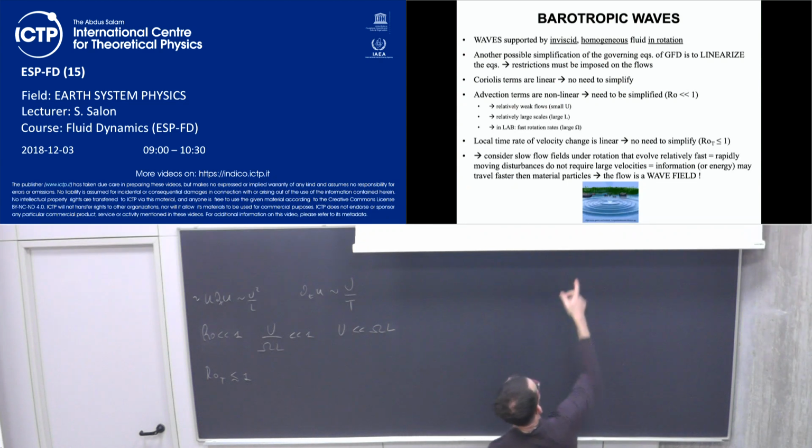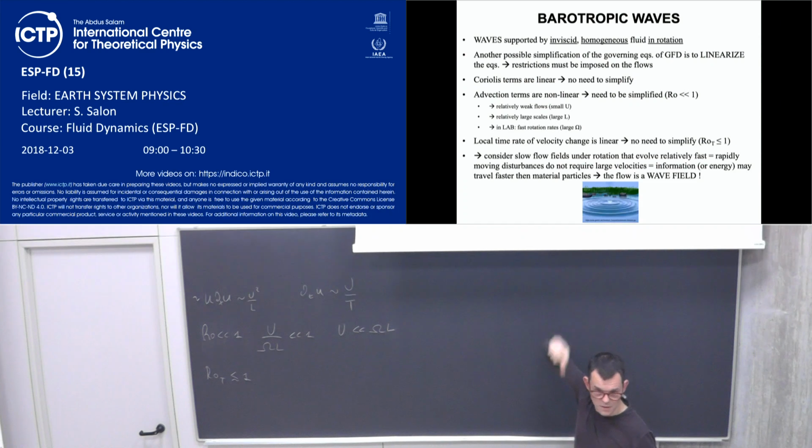So the capital L, in this case, can be considered as the radius of the circle that can travel very, very fast.